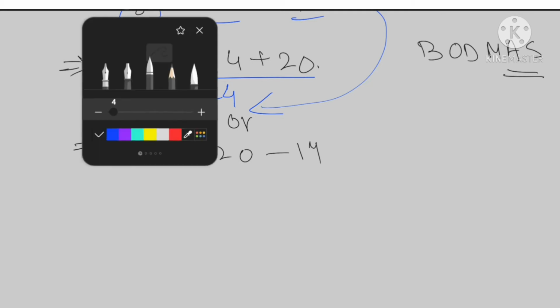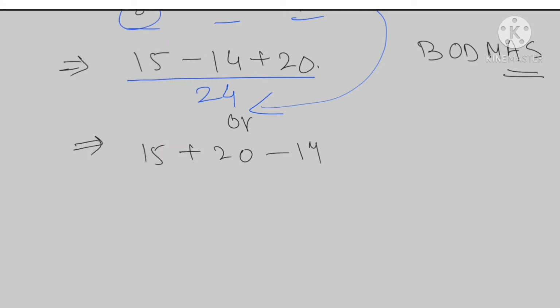What have we done out here? We have just interchanged the position and nothing else. We have brought plus 20 forward and minus 14 back, all over 24. Why have we done this? We have done this so that the calculation becomes easier.